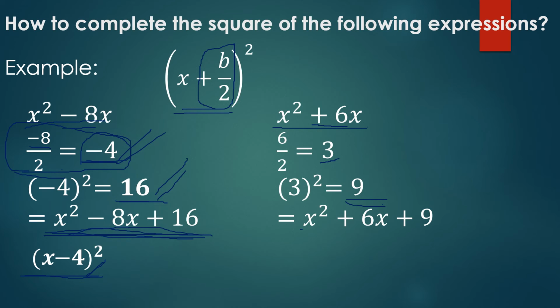And again, this is what we call a perfect square trinomial. And we all know that this perfect square trinomial can be written as square of a binomial by following this form. So we have x, and then how are we going to do to get the missing term? We have to add positive 3. Okay? And that's it.